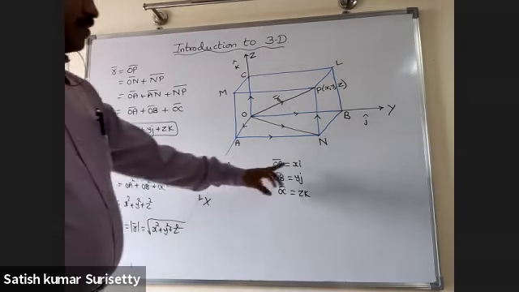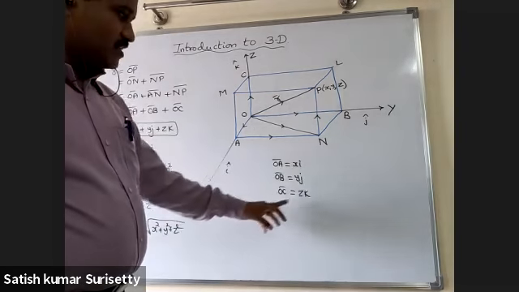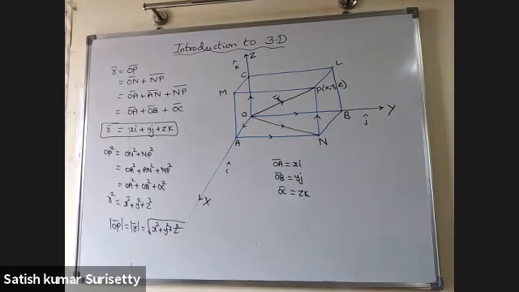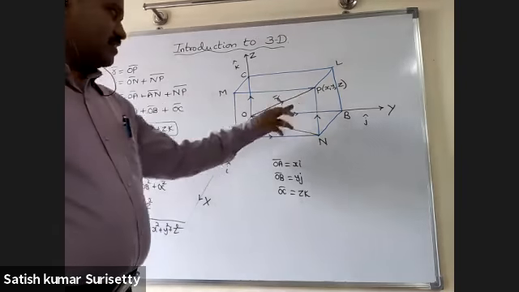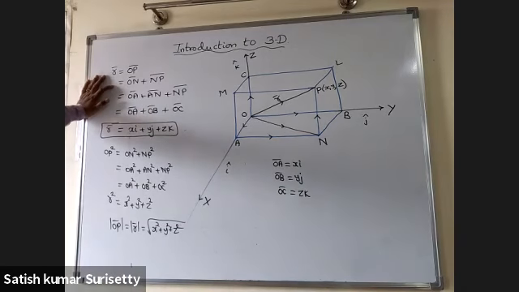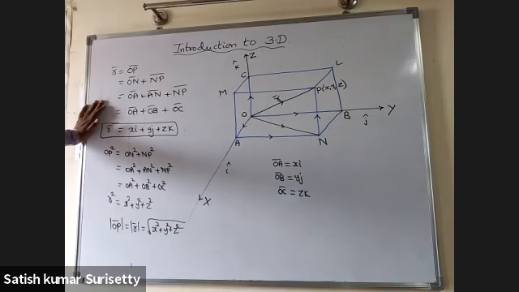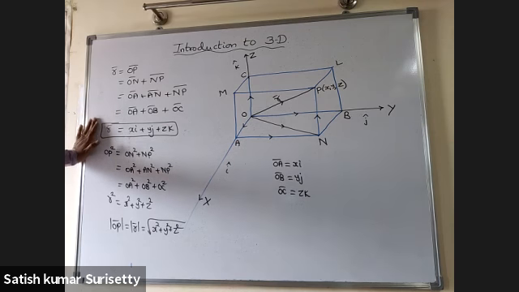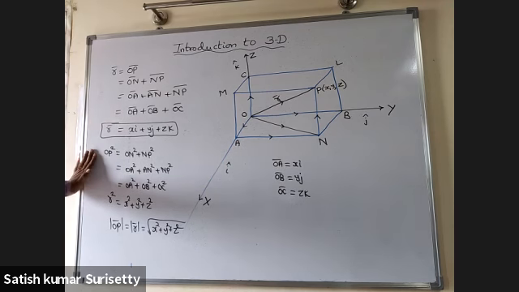So OA bar will be xi, OB bar will be yj, OC bar will be zk, and OP bar, R bar, you can write as ON bar plus NP bar. ON bar is the same as OA bar plus AN bar, plus NP bar. Again, AN bar is the same as OB bar. So R bar equals xi plus yj plus zk. And because they are right angle triangles, you can prove R square equals x square plus y square plus z square.